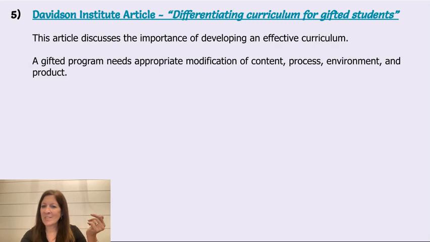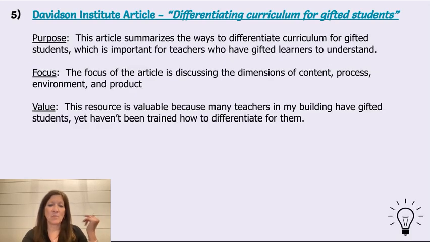But the teachers in our building who haven't gone through this training do not know that there's that many different ways that you can modify curriculum for them. And so this article I thought was very powerful in kind of summarizing those 4 different ways to differentiate our curriculum. So that was the purpose, was to help show them in a very efficient way of how to do that.